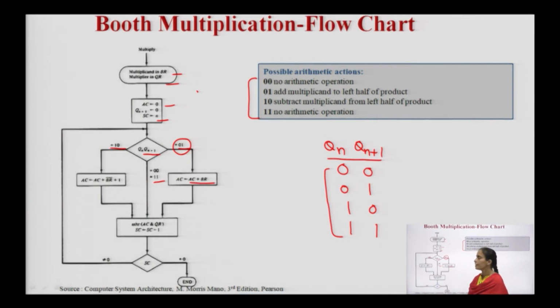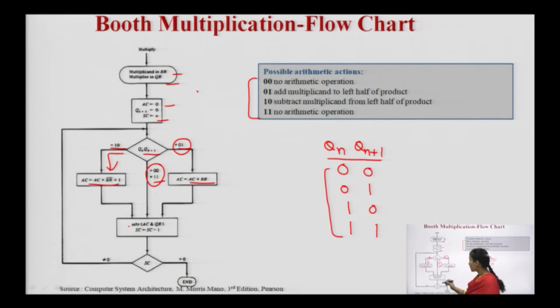Then if I find the first 0, I will subtract my multiplicand from my accumulator, and in case of 0 0 or 1 1, I will do an arithmetic shift right for the AC and QR registers.